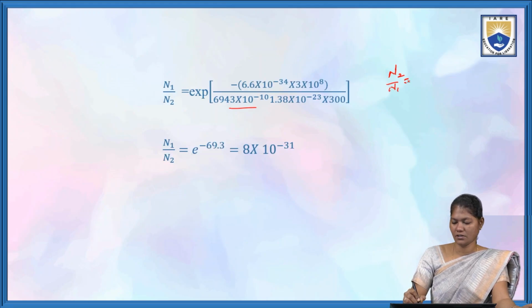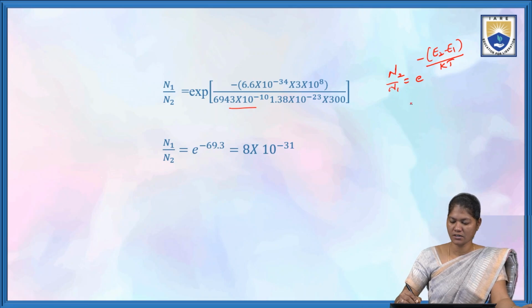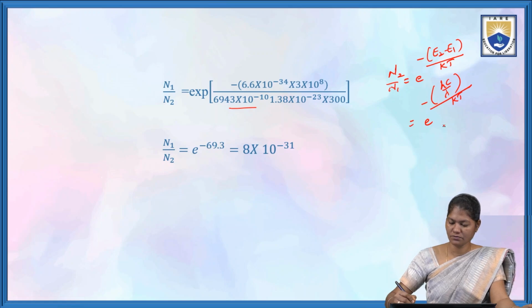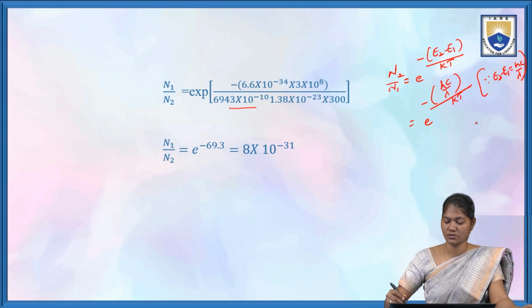So N2 by N1 is equal to e power minus of E2 minus E1 by KT, so e power minus of Hc by lambda by KT. We know why Hc by lambda comes: E2 minus E1 is equal to Hc by lambda joules.